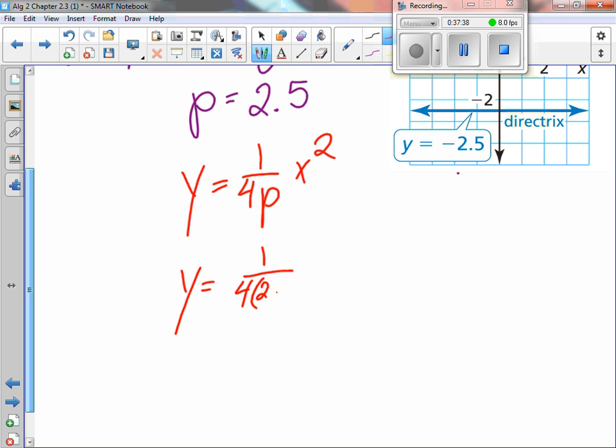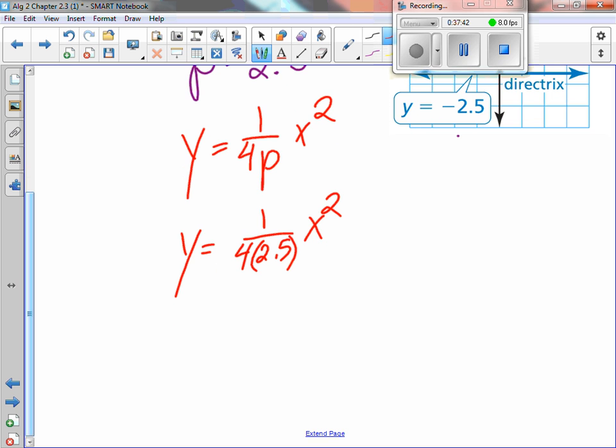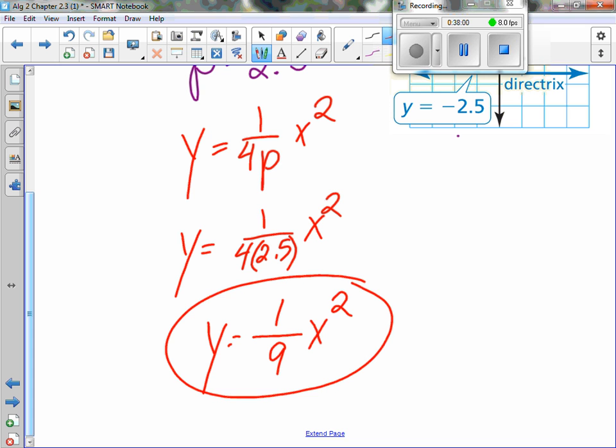4 times 2.5. We can type in the calculator 4 times 2.5, yes? And 4 times 2.5 would be? 4 times 2 is 8. Questions on this here?